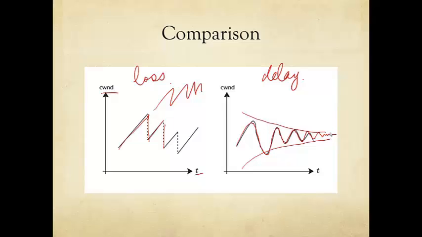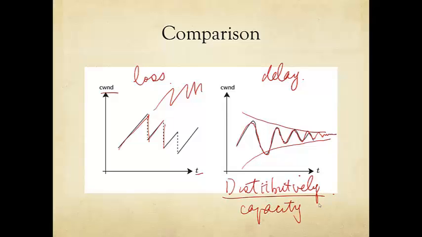The target is to say that distributively, I want to find out what kind of capacity I should allocate to this particular source. I do not have a bird's eye view, but maybe through some implicit message passing, like the timing and the presence of packets, I will be able to determine the right one.